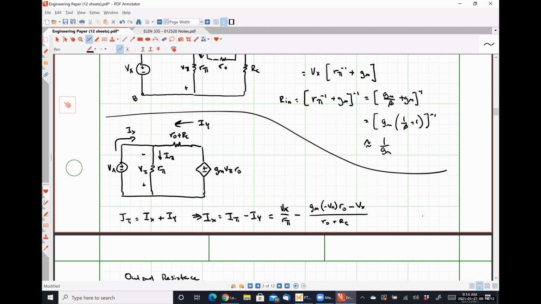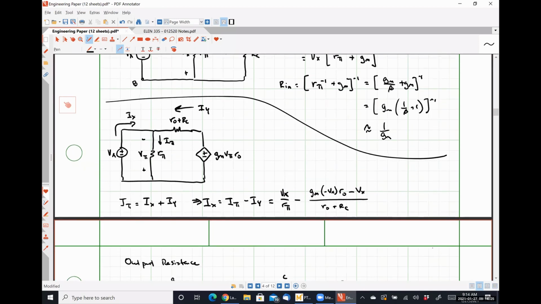And now it's just doing the algebra to separate Vx from everything else. So we'll circle back around to that probably at the very beginning of class next time because we are out of time.